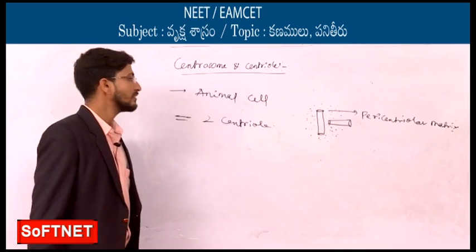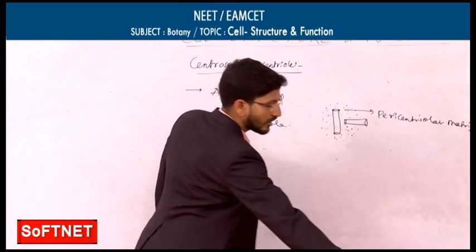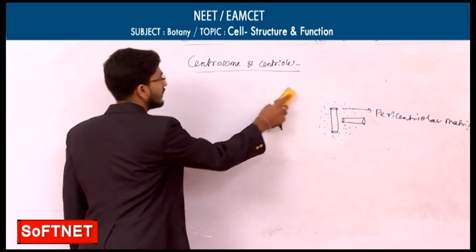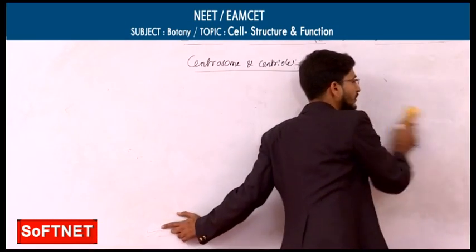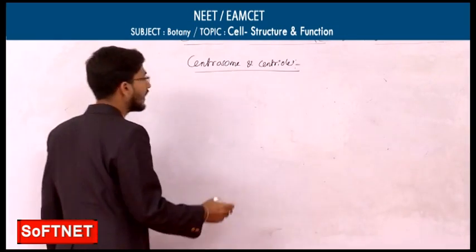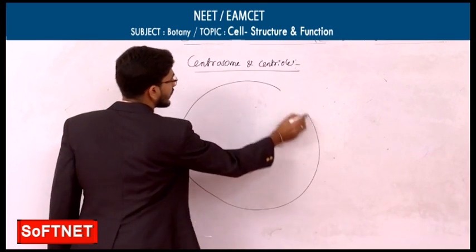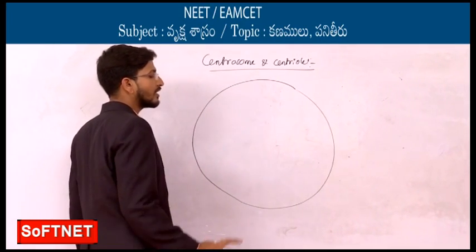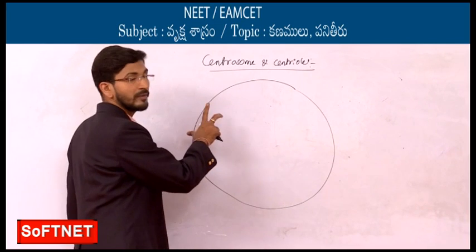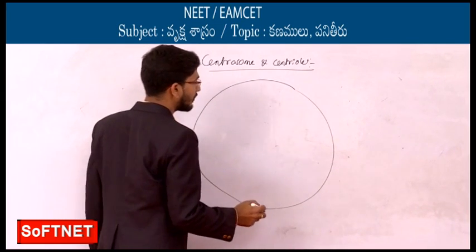Before going to the functions, we will discuss the structure of the centrosome. The structure is similar to that of flagella. Here also it is not surrounded by a plasma membrane; the pericentriolar matrix is there.